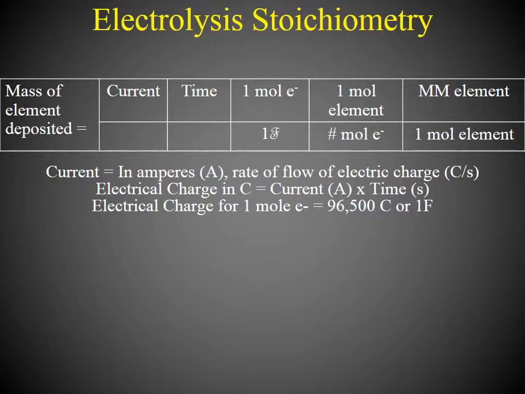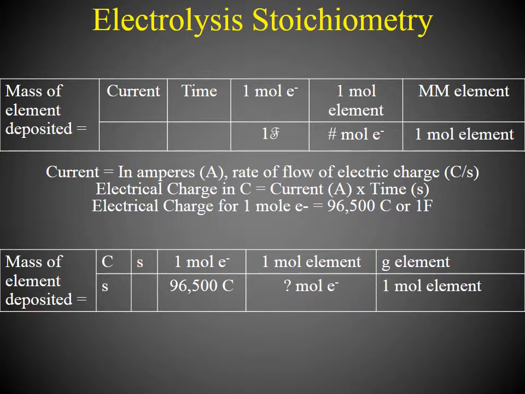And again, as I said already, the electrical charge for 1 mole of electrons is equal to 1 Faraday, same thing as saying 96,500 coulombs. So in terms of units, here is how the dimensional analysis series of calculations works out. Current in coulombs per second, and as you can see, I am able to get rid of the coulombs. I can get rid of seconds.